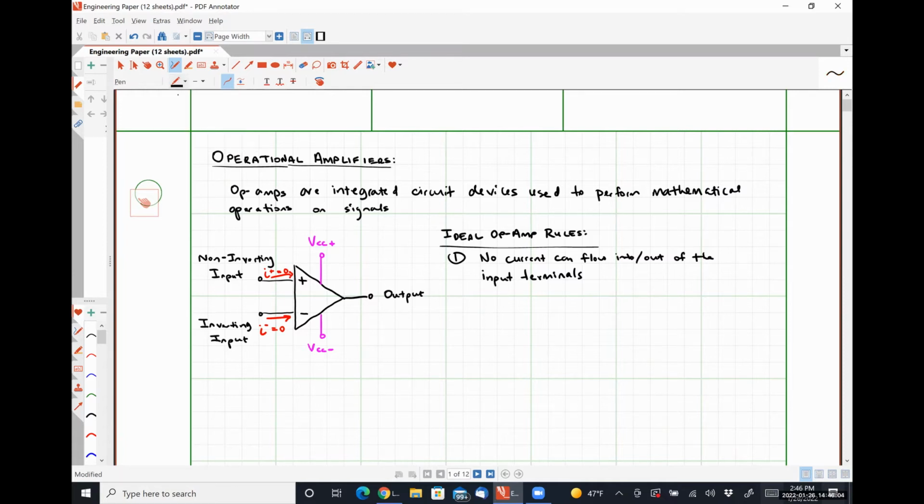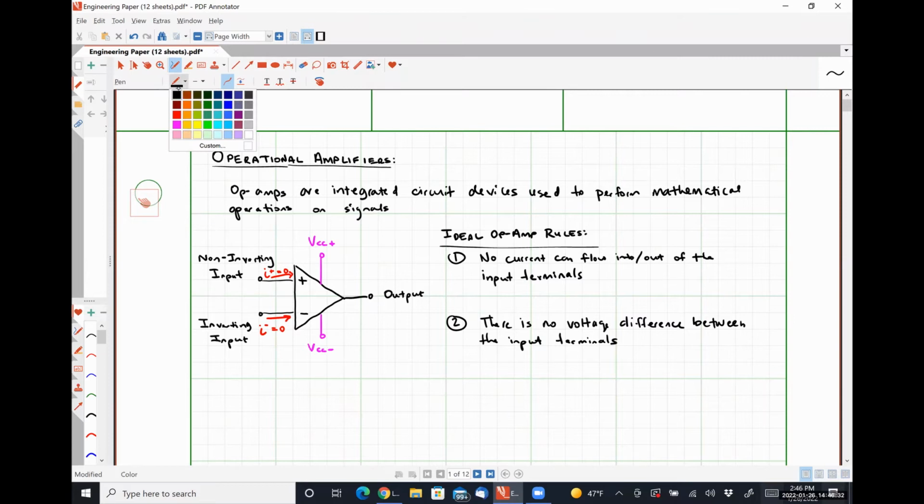Our second rule is there is no voltage difference between the input terminals.